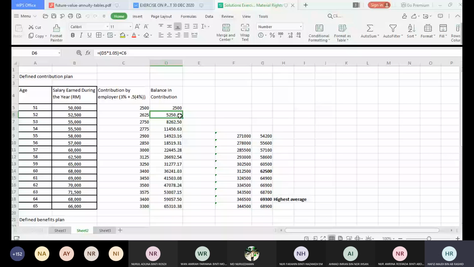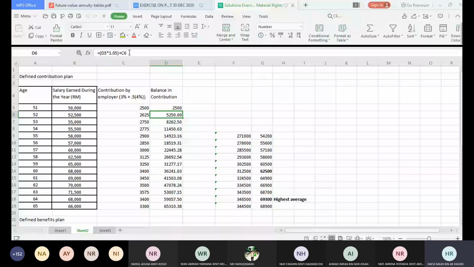So when you click this cell, you see the formula here, D5. D5 is the opening balance, and you multiply by 1.05 because you are expecting a return of 5%. Then only you add the annual contribution by the employer, that is C6, the current year contribution, and then you will get the balance of Mr. Ahmad.